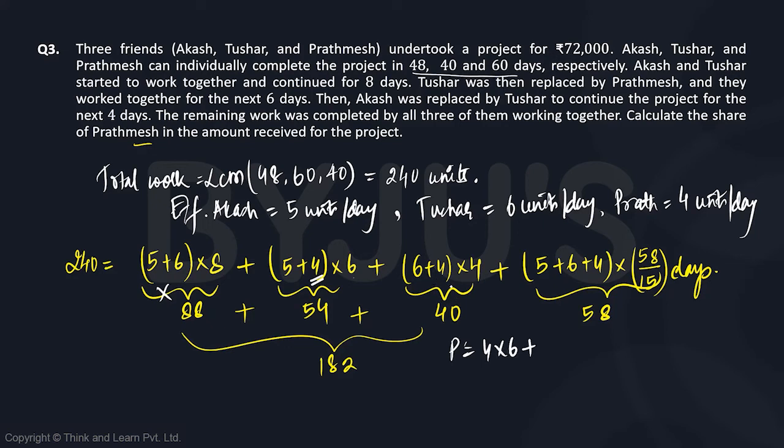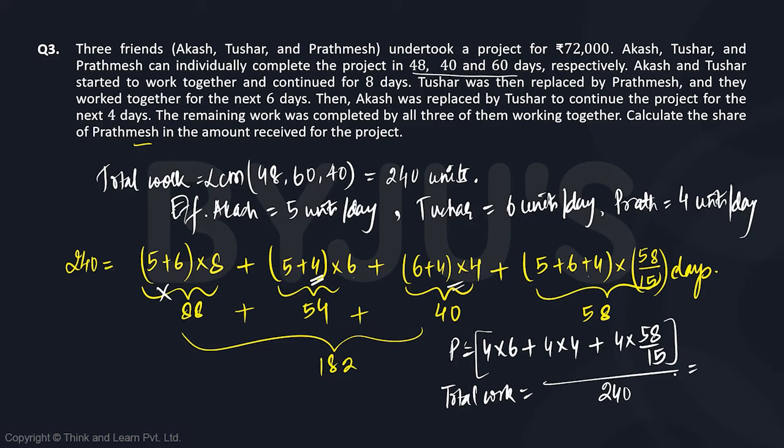And then next turn, he finished 4 into 4, 16 units. And on the last part of the work where they worked together, he completed 4 into 58 by 15 units. So this is the total work finished by Prathamesh out of the total work being 240 units.